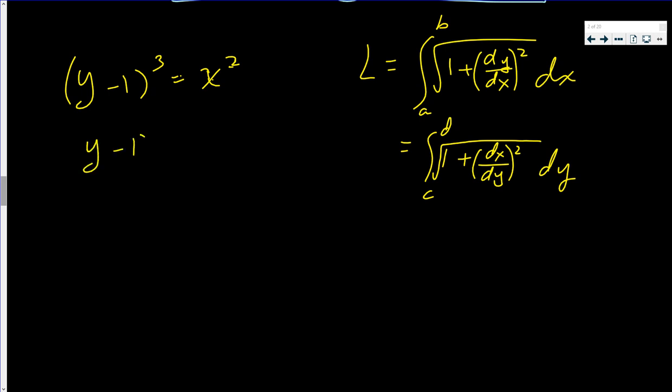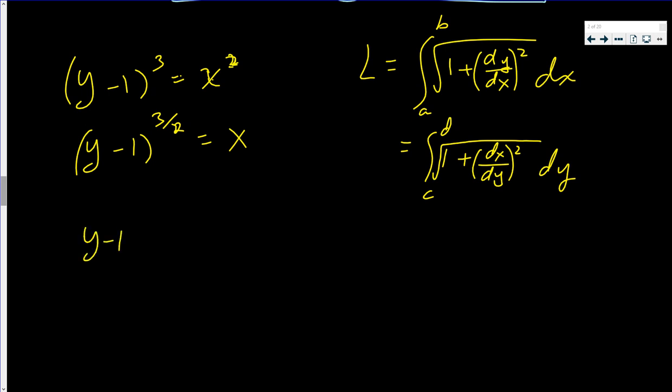Now, to solve for x, all I need to do is raise both sides to the power of 1 over 2, and I have x, because 2 over 2 is 1. Now, I can do a similar thing for y.